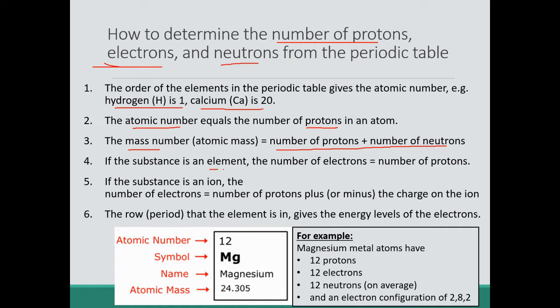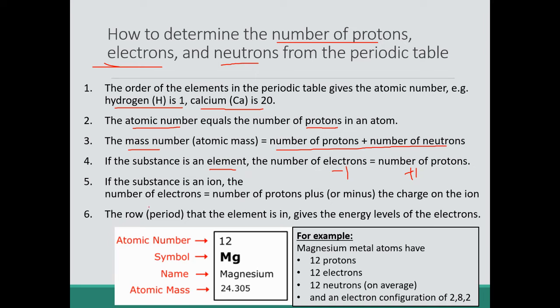If a substance is an element, it's going to have no charge. It's going to be neither overall positive nor overall negative, so it has the same number of electrons as protons. Electrons have a charge of -1 and protons have a charge of +1, so if the number of electrons is the same as the number of protons, the charges cancel out, and overall atoms of elements have no charge.